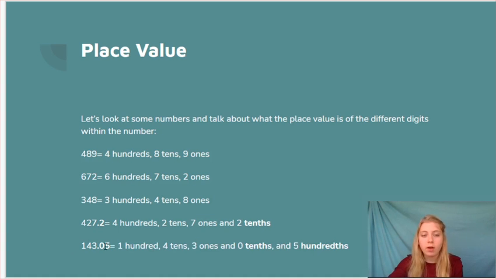Okay, so our last number is represented by 143.05, or as we should read it, 143 and 5 hundredths. So you'll see here that we have 100, we have 4 tens, we have 3 ones, and we have 0 tenths and 5 hundredths.